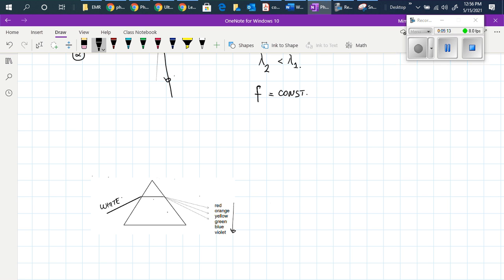So when a white light is incident on an object, the object will absorb certain colors and will reflect the remaining. If you have, let's say, a clear filter and you are throwing red, green, and blue, everything will go through.